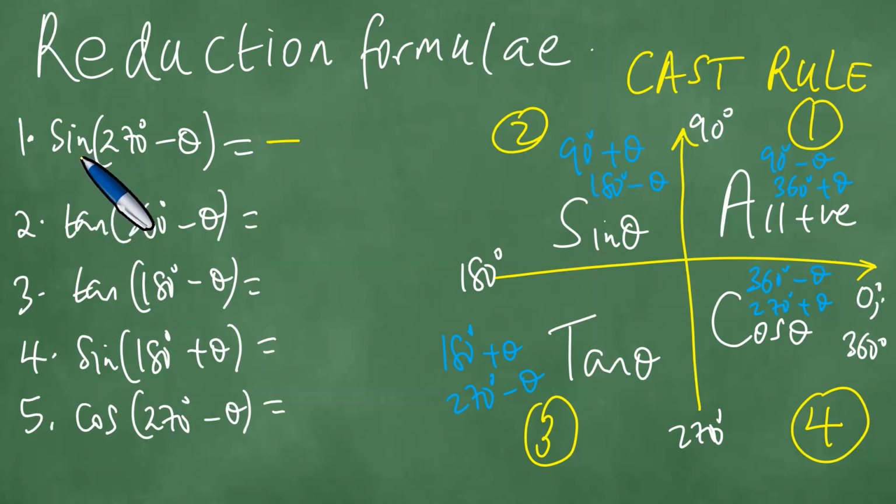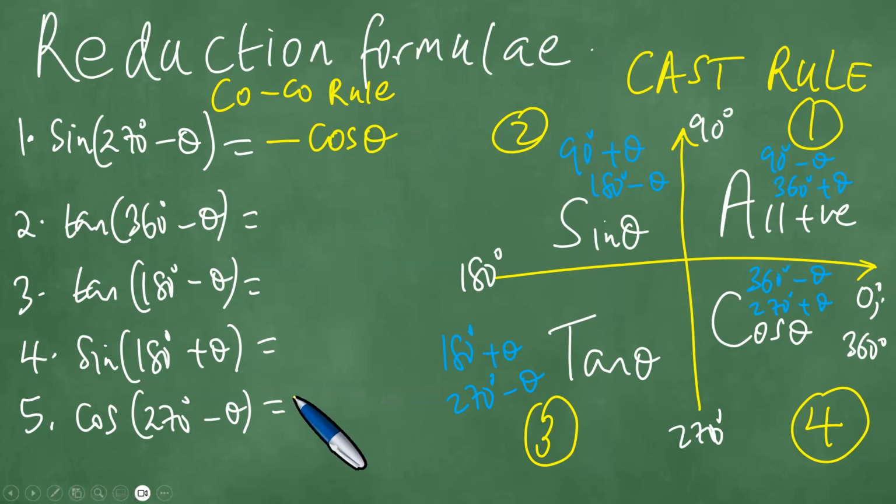But at 270 degrees, something applies, and that is called the co-co rule. So sine has no co, and you put on a co, and it becomes cosine theta.